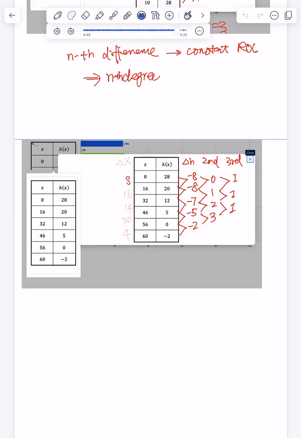You can see that delta x equals 8, then becomes 16, becomes 14, and 20, and 4. So delta x is not constant, so you have to divide the delta h by delta x to get the correct rate of change. So when you divide by delta x, you will not get a constant third order difference. So this table is not the correct answer.